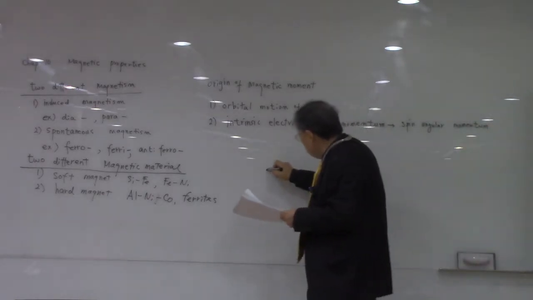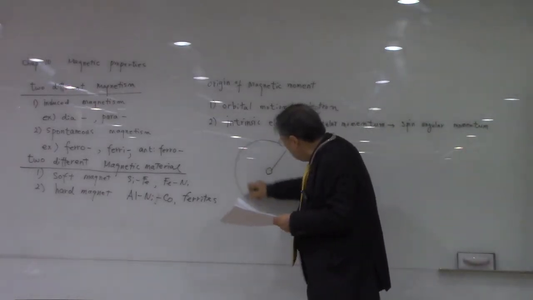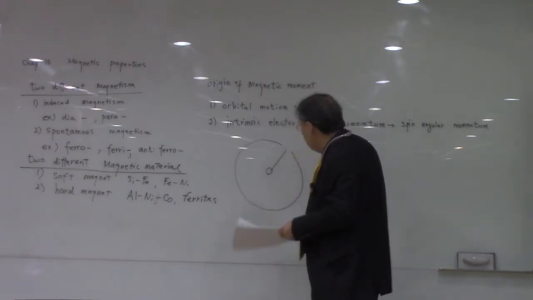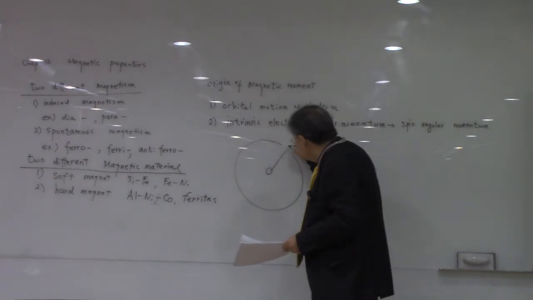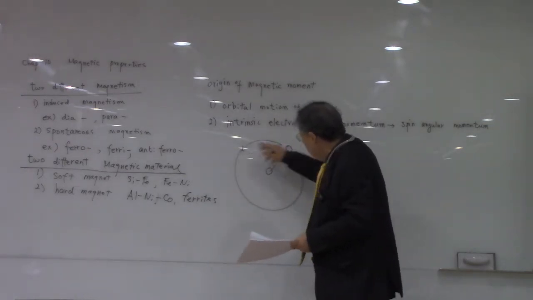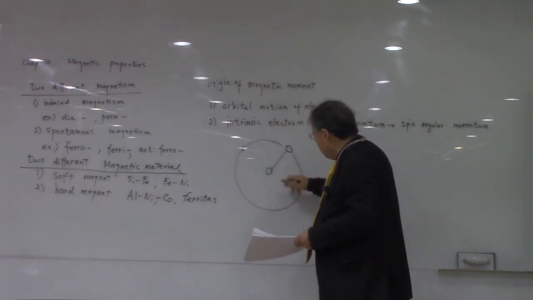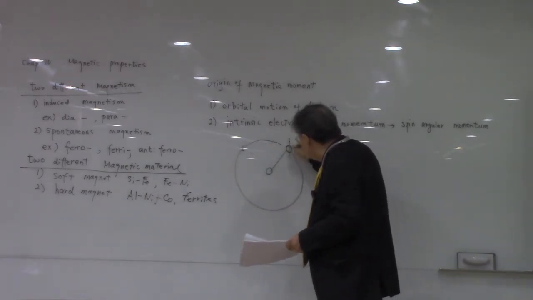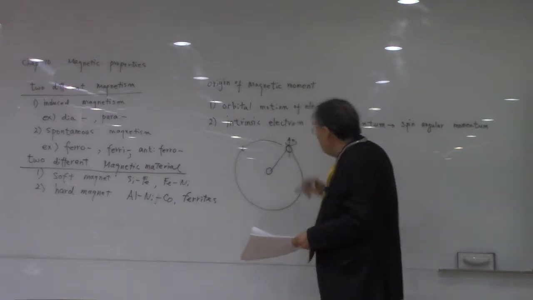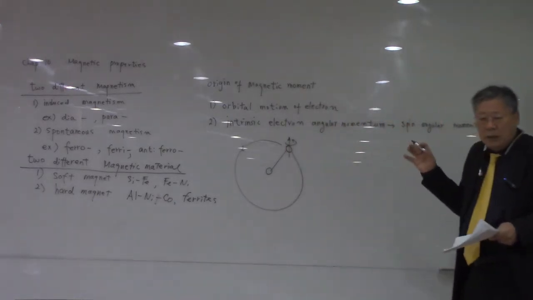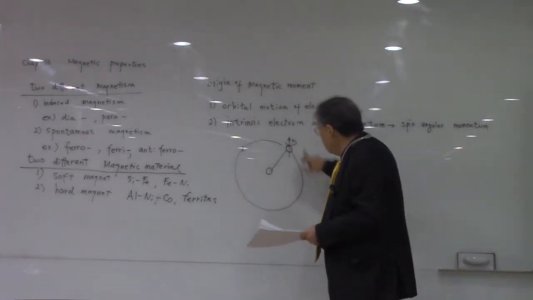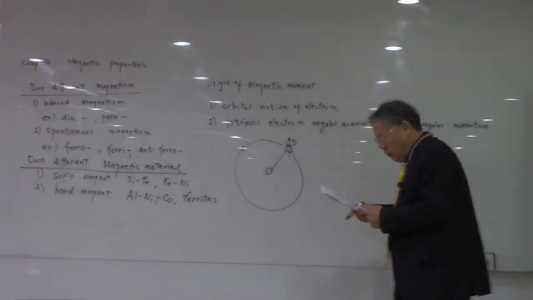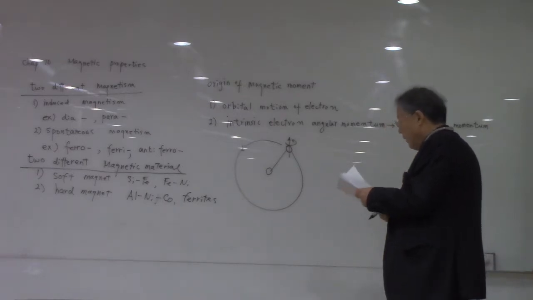So as you can see, the electron which is orbiting the nucleus, and this electron not only orbiting around the nucleus, but also it just has the rotation, spin itself. So these two motions of electrons will give you the magnetic moment, okay?